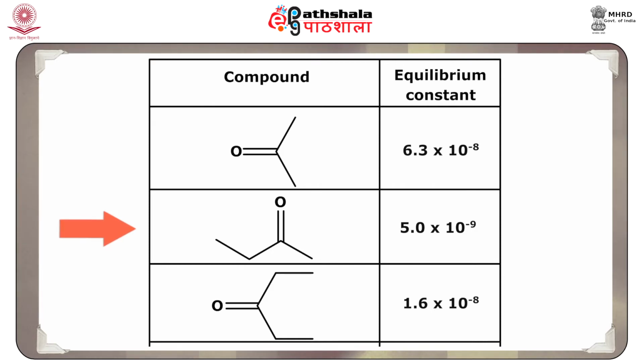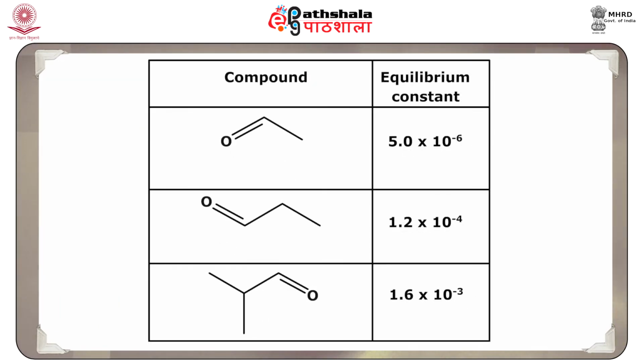Then for 3-pentanone this value is 1.6 × 10⁻⁸. For acetaldehyde it is 5.0 × 10⁻⁶, and for 2-methylpropanal it is 1.6 × 10⁻³.